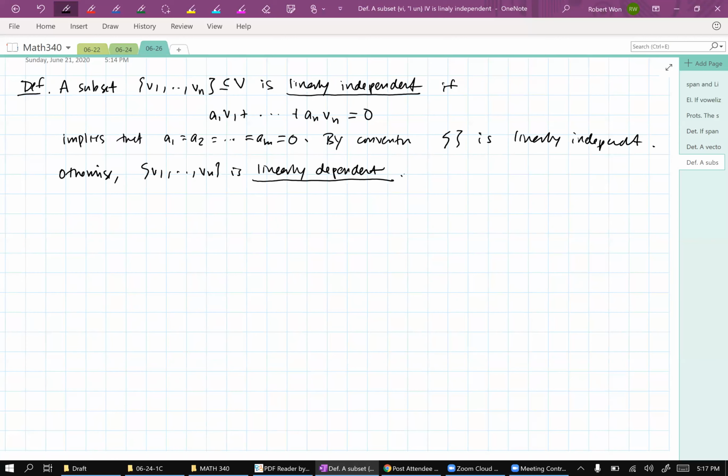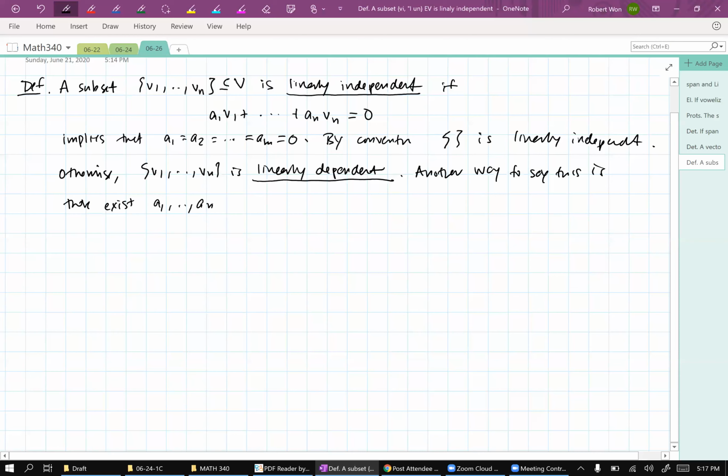And so another way to say this is that there exist scalars a1 through an, sorry, this should be an n too, in F, not all 0, such that a1 v1 plus an vn equals 0.